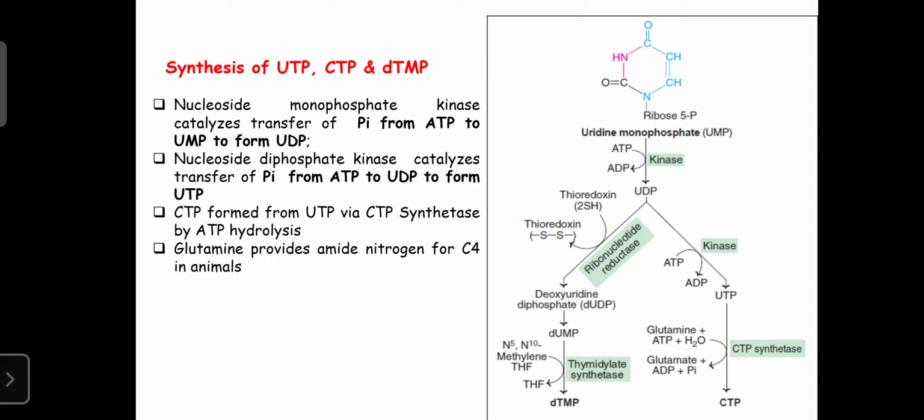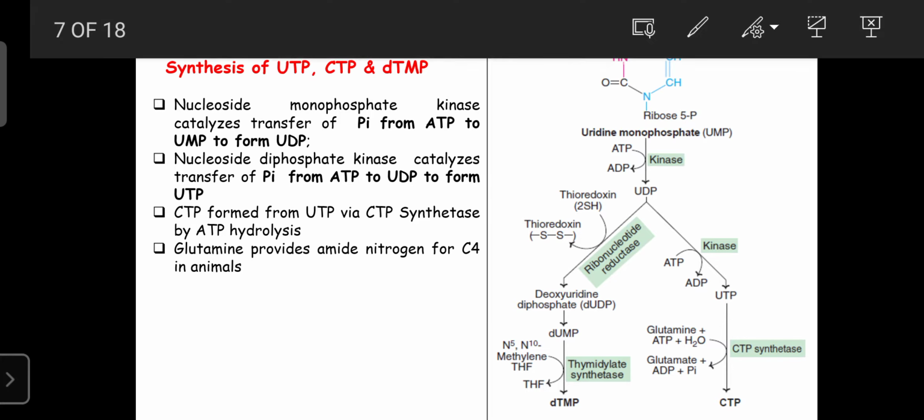UTP is formed by enzymes, that is a kinase enzyme in the presence of ATP. That kinase enzyme can convert UMP, that is uridine monophosphate, into uridine diphosphate, which consists of 2 phosphates. That phosphate is donated by the ATP, so this reaction requires the ATP.